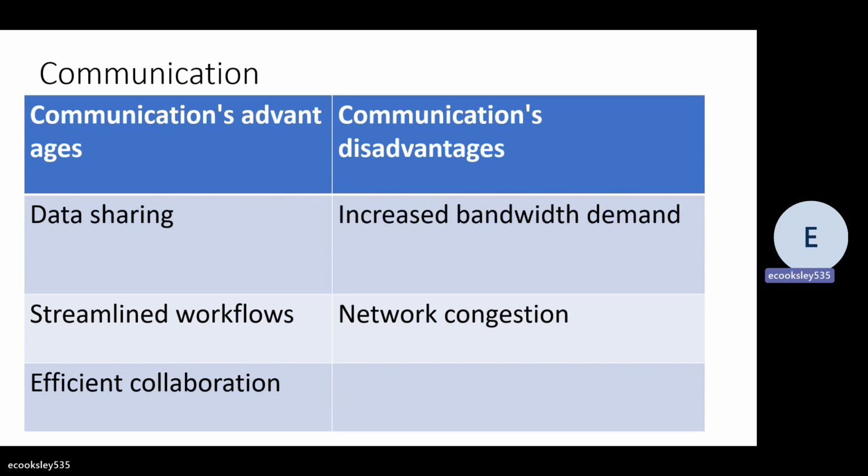So next up is communication requirements. These refer to the specific needs of an organization or network in terms of their data exchange, collaboration, and interaction. These requirements can vary based on the nature of the business, user demands, and the types of applications and services running on the network.